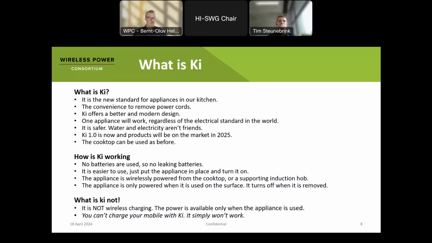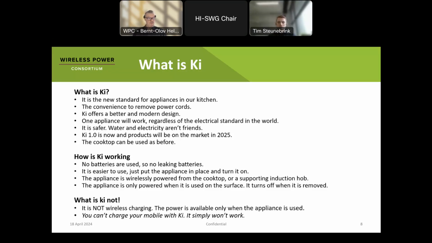One product will work everywhere. It is safer because water and electricity aren't friends. We all know that. So Ki 1.0 is now, and products will be on the market in 2025. The cooktop can be used as before. So it means that if Ki is implemented in the kitchen, nobody will see it.